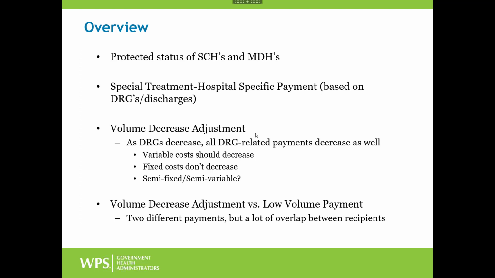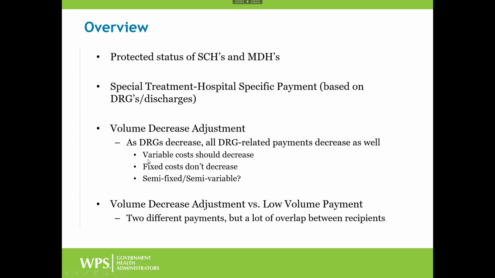Now the problem with this, even though they're being reimbursed on kind of a quasi-cost basis due to that hospital-specific payment, is there's still a concern that that cost payment is not going to be sufficient to handle the decreased discharges. Because keep in mind, as the discharges decrease, your hospital-specific payment is going to decrease as well.